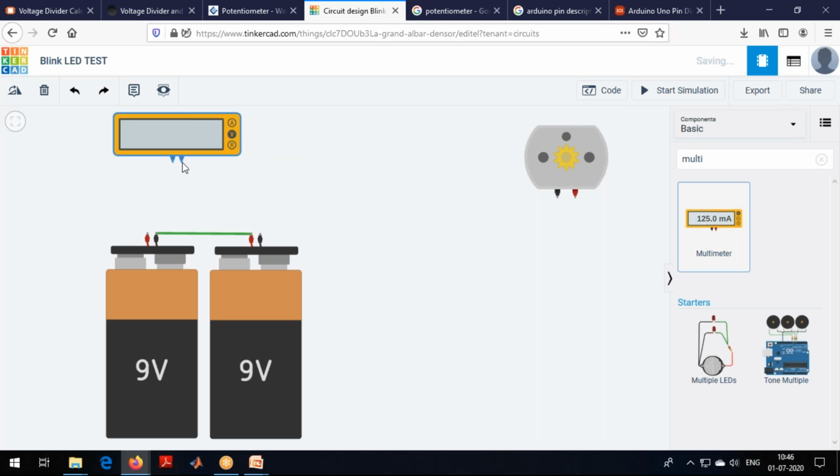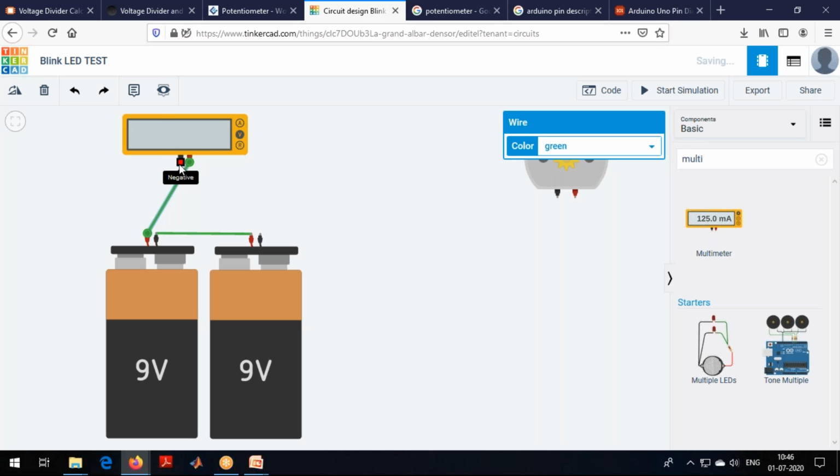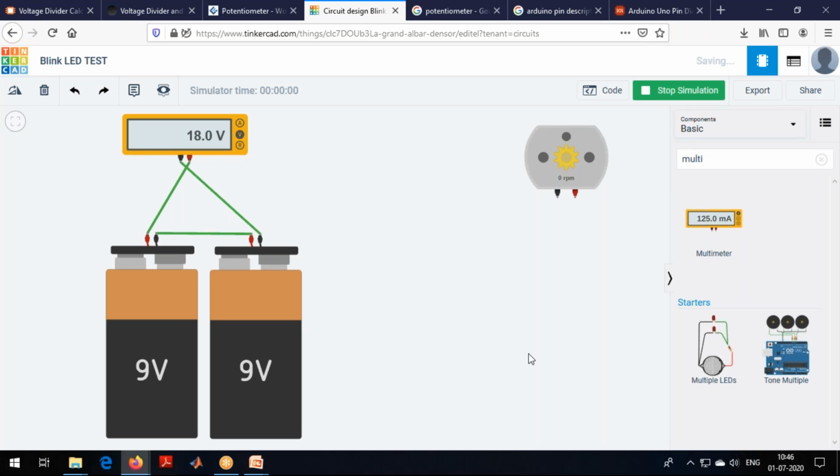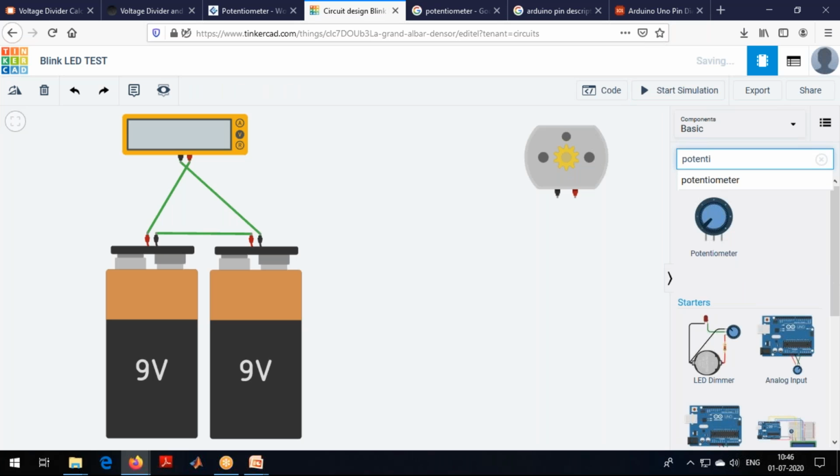Now let me take this multimeter. This is positive and this is negative. Now let me run and check what is the voltage value. 18 volts, but I want just 12 volts. What should I do? I can go with potentiometer.